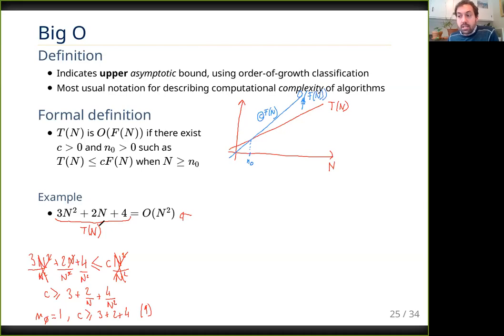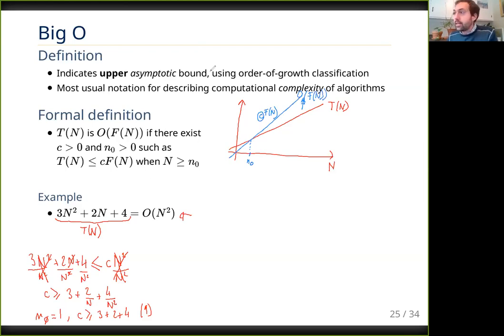Our T of n is O of n squared because we can find, for a certain constant n0 equal 1, a coefficient c equal to 9 for which c times n squared, here 9n squared, will always be greater or equal than our T of n for all n values greater than 1.